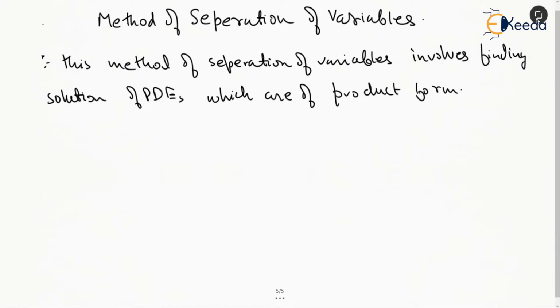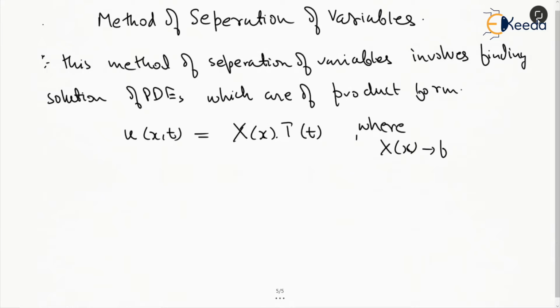So this u function of x and t is probably of the form X of x and T of t, where this X of x is function of x only and this T of t is function of t only.